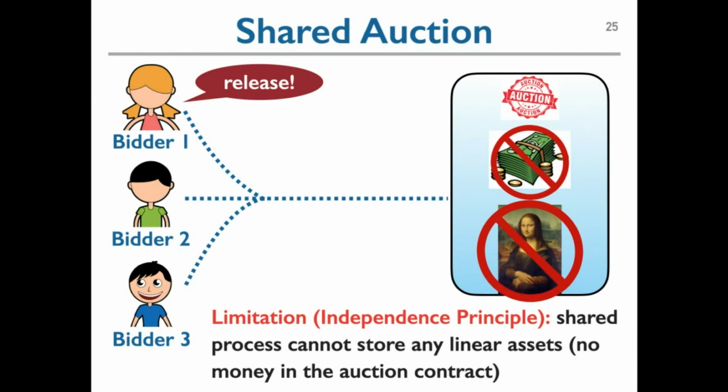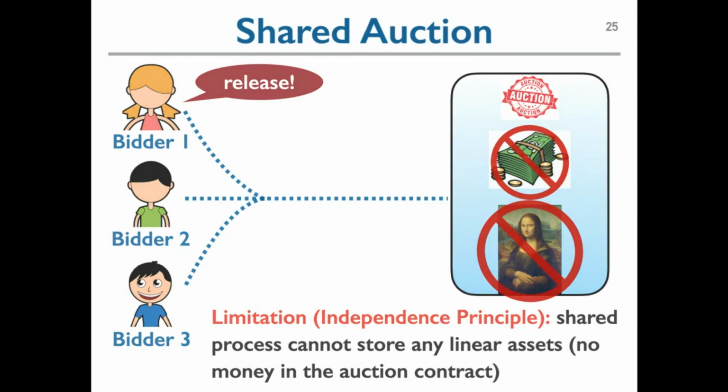So for our language to work on a blockchain, it was very important that these shared contracts are able to store linear assets. So this was the most technical challenge of my work, on how we can overcome this limitation without compromising type safety. But in the interest of time, I'm not going to talk about that, but you're welcome to read our paper to see more details on that.